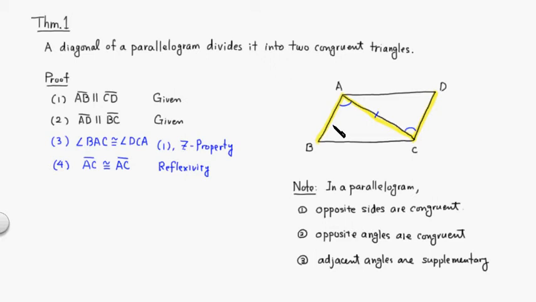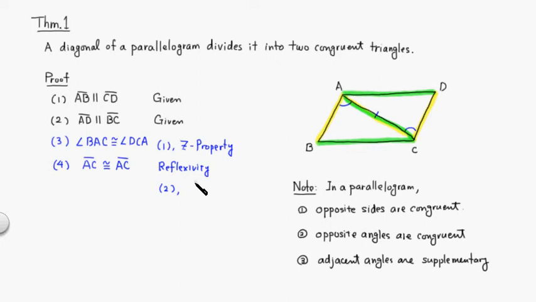All right. Then we look at this using the fact that AD is parallel to BC, right? So I'm using line 2. And then we use the Z property again, so Z looks like this, right?